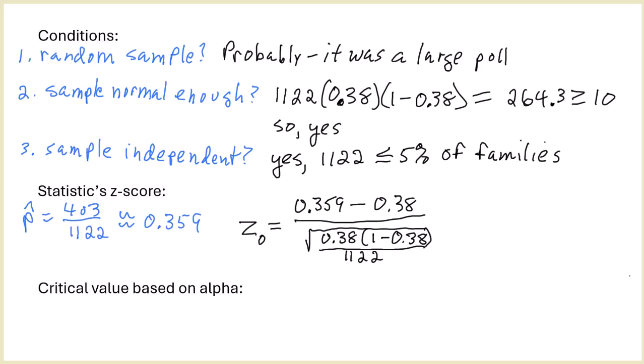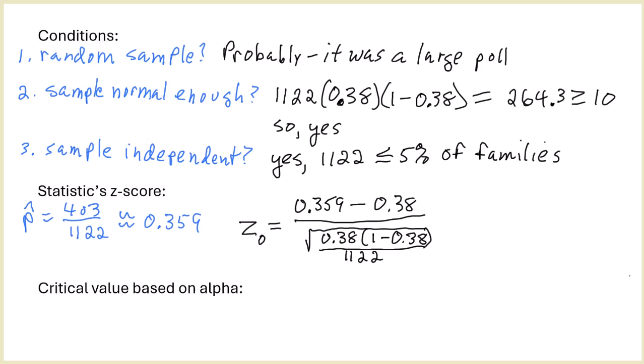And once again, I'm using 0.38 in 3 different places because that's the null hypothesis. The only place p hat came in was that 0.359. Now, y'all, if it's 0.359, isn't that less than 38%? That's 35.9% for my sample.